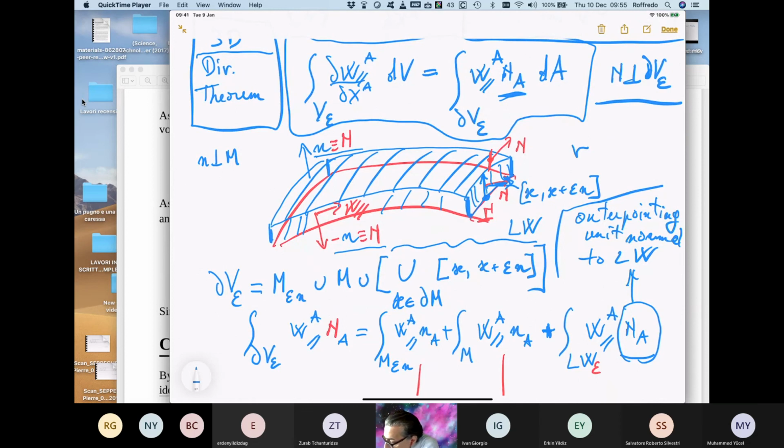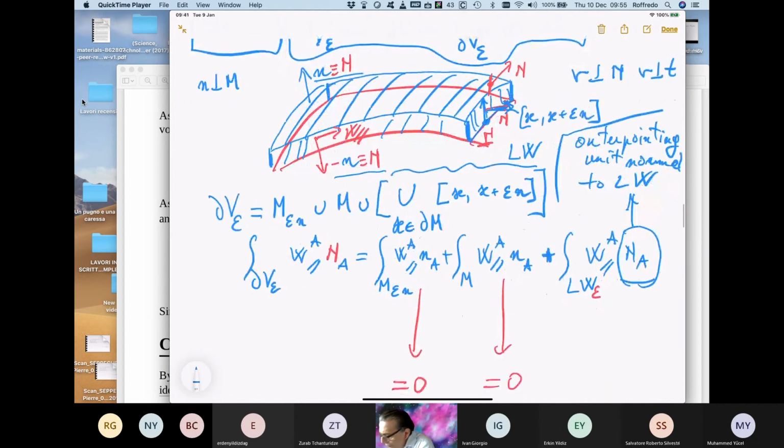Because this nu has to be orthogonal to n, and this nu has to be orthogonal to the tangent vector T to the curves, by construction of this slice in the space. Okay, but let's do it slowly.